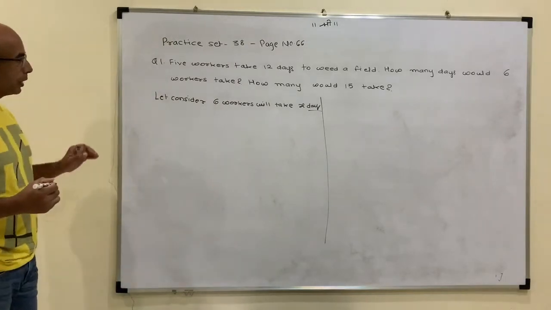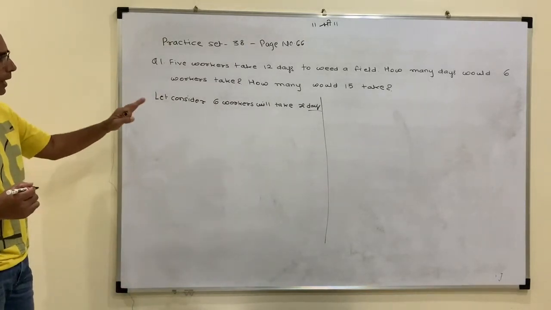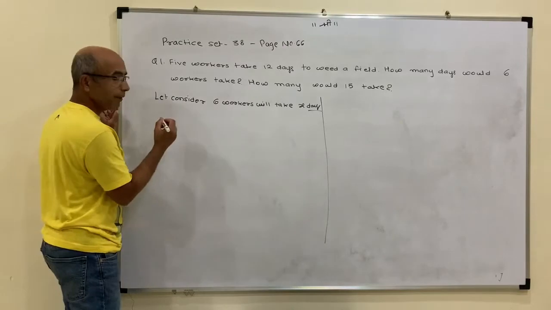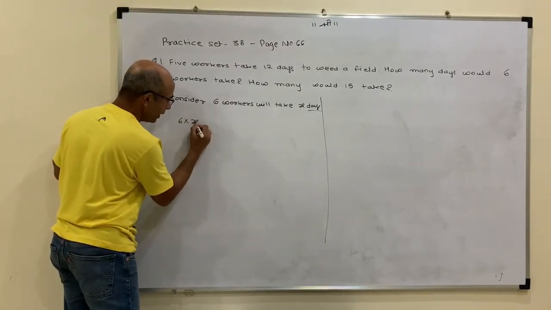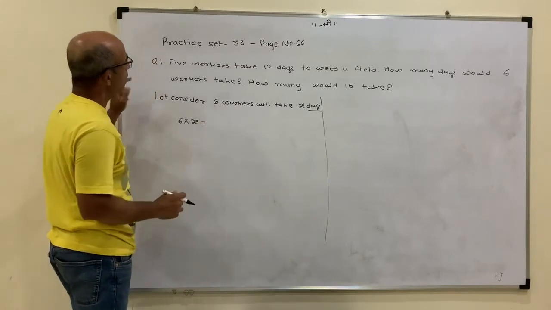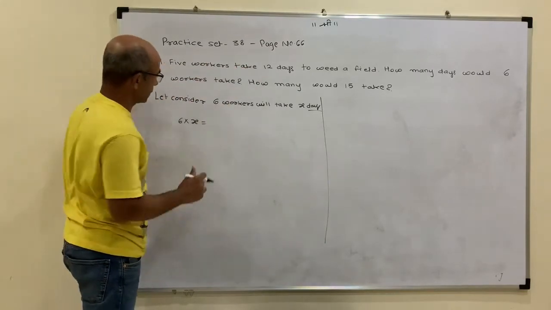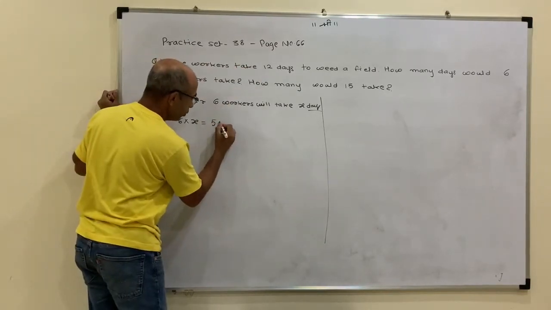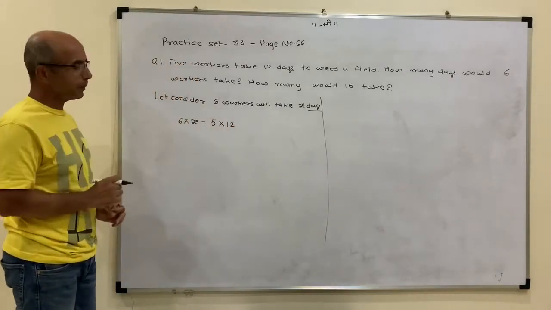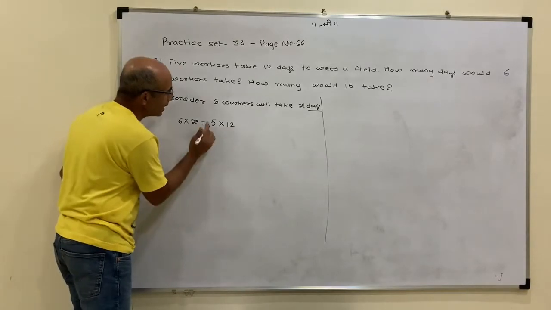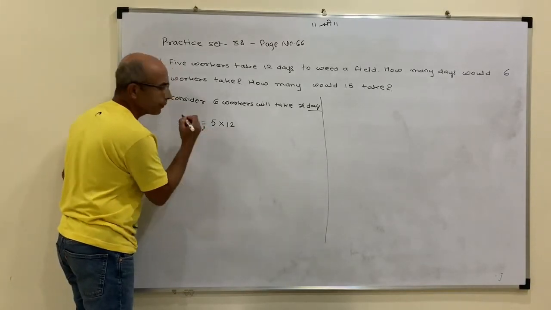So now 6 workers will take x days. So my equation will be formed as 6 into x equals 5 workers into 12 days, 5 into 12. Now let me explain again why I am taking an equal sign over here.